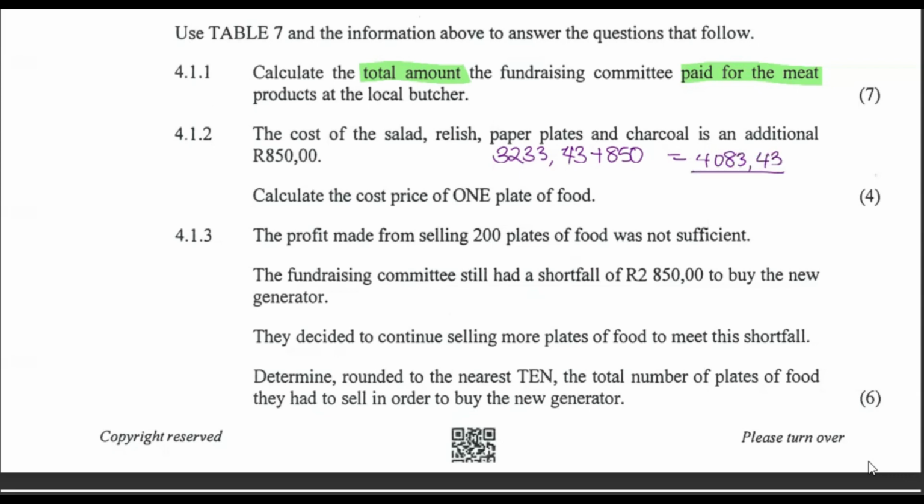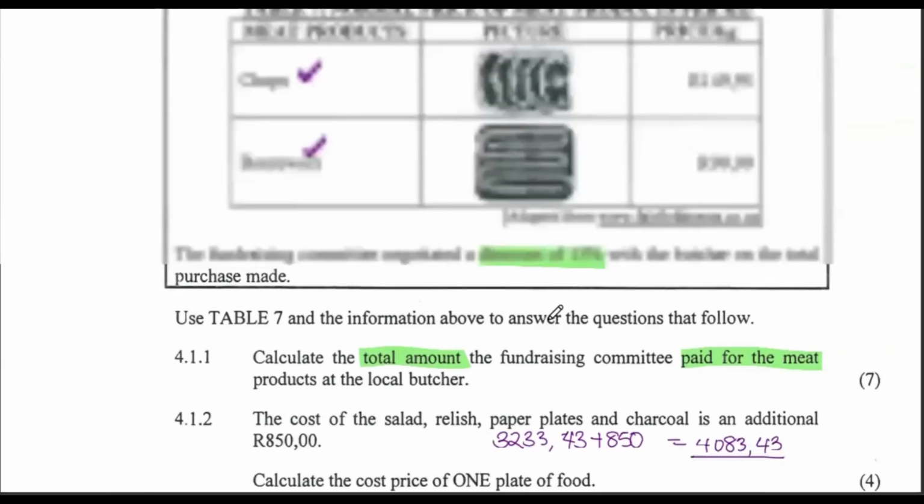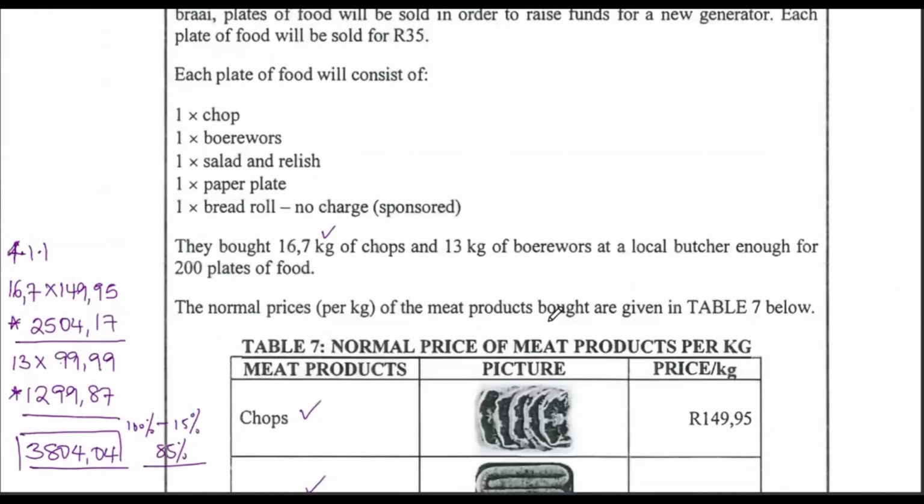But now the cost for the plate. How are we going to get the cost for the plate? The cost per plate depends on the number of plates. Remember, they want to produce 200 plates, and the chops and boerewors from the local butcher are enough for 200 plates.